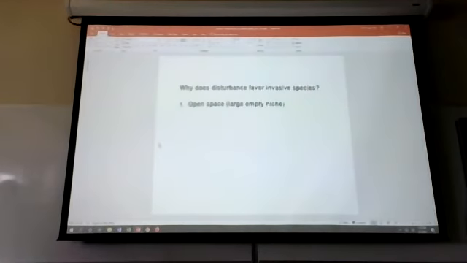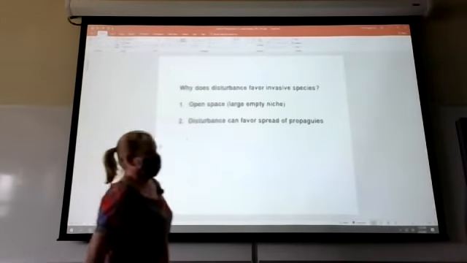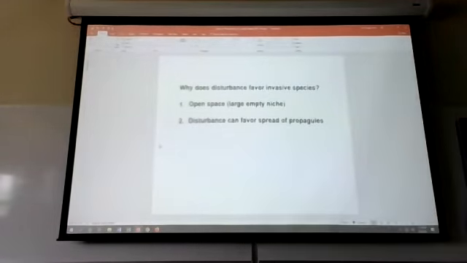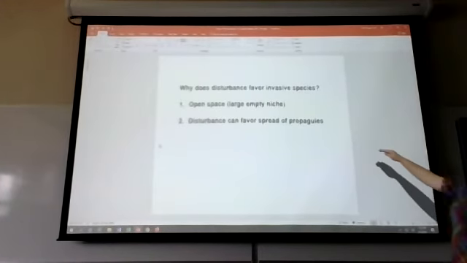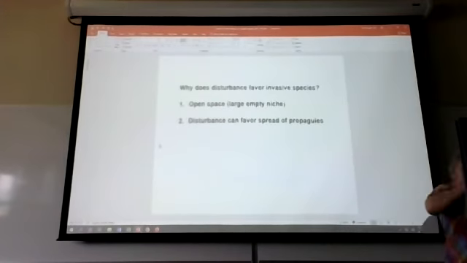So talk about it. Okay. It used to be there, now it's there. Disturbances might spread from. So particularly if you're talking about plants or fungi, you might see spread of seeds or vegetative or asexual reproduction.